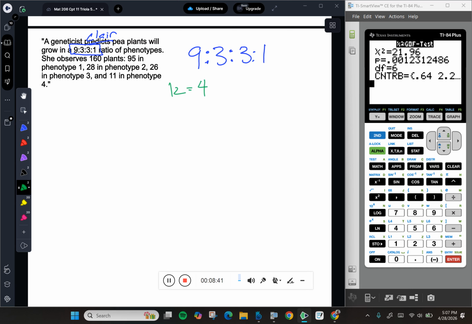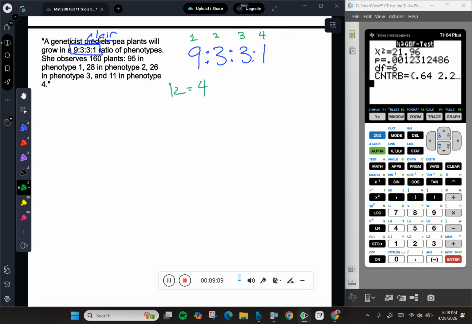If I call them phenotype 1, phenotype 2, phenotype 3, and phenotype 4, then for every one of 4 that I see, I should see 3 3s, 3 2s, and 9 1s. And if I saw 2 of phenotype 4, I should get 6 3s, 6 2s, 18 1s. I'm just scaling it up.